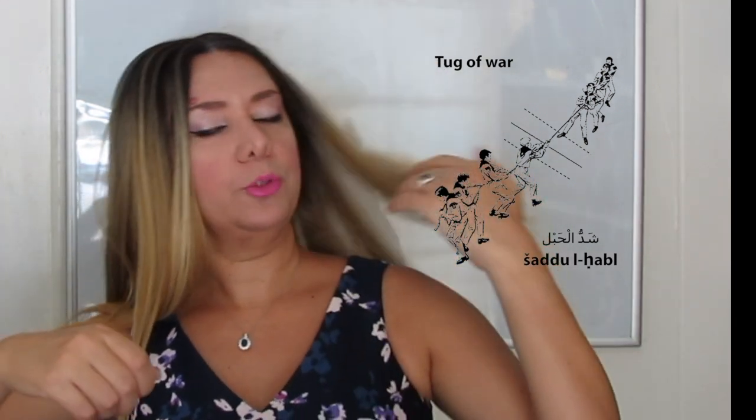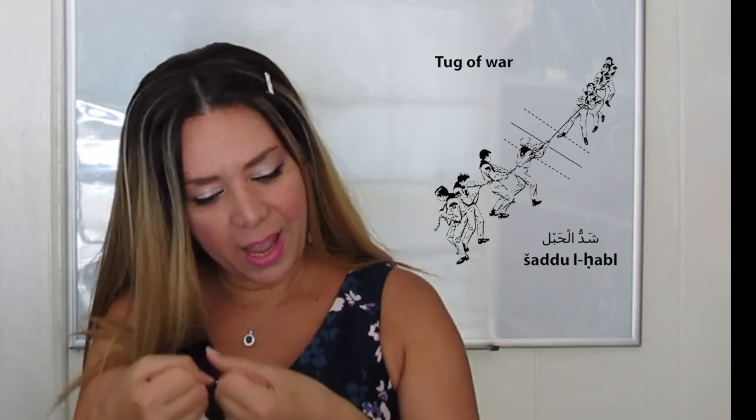They pull on opposite ends of a rope trying to force the other team over the line, which initially marked the middle between them. So the noun shaddu means pulling, dragging, drawing, and الحبل is a rope. شدوا الحبل.